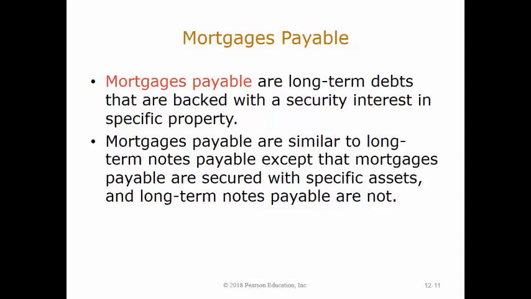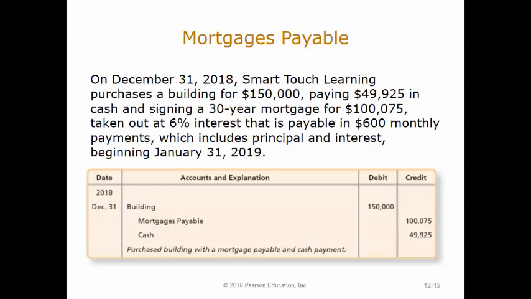Mortgages commonly specify a monthly payment of principal and interest to the lender, usually a bank. The most common type of mortgage is on property, for example, a mortgage on your home.